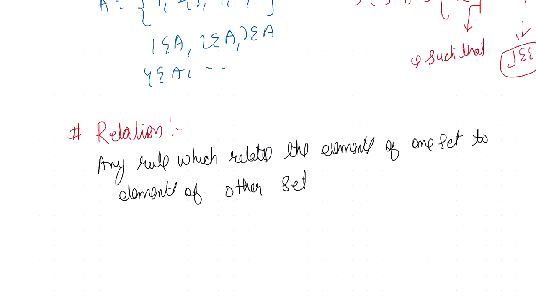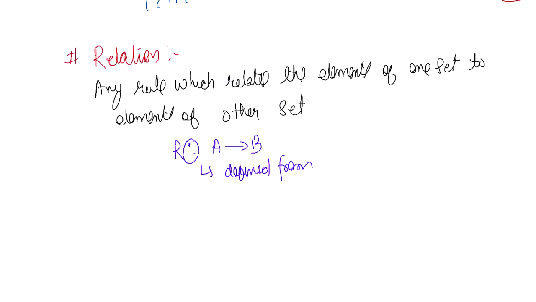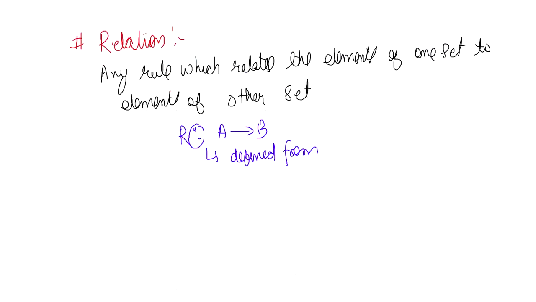Okay. Now if I have to write a relation, it is written as, now this semicolon that you see over here says defined from. Okay. So we'll take some examples and see many other things related to relation, and then we'll go for understanding function.